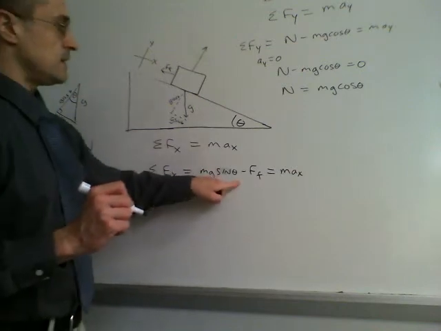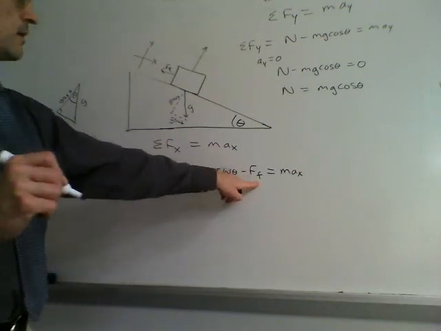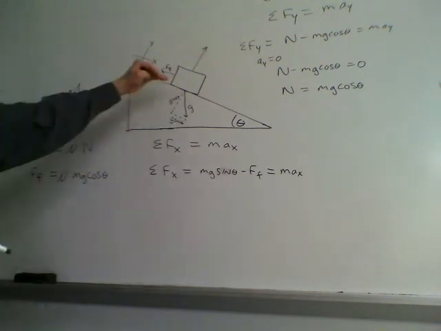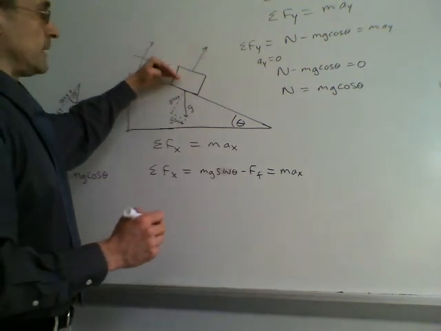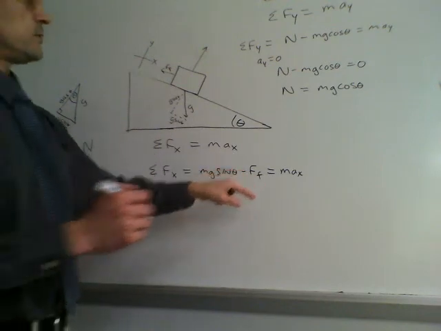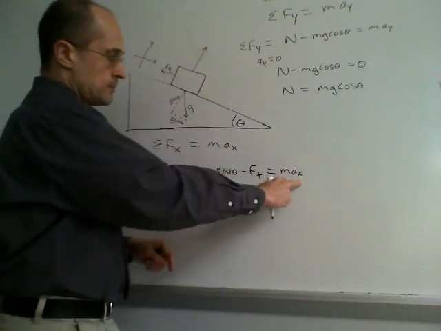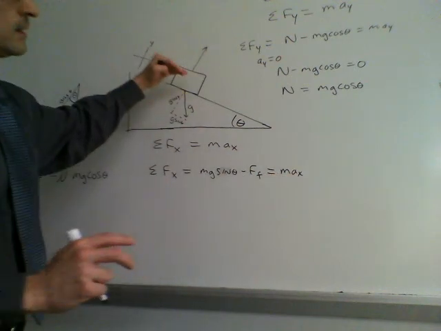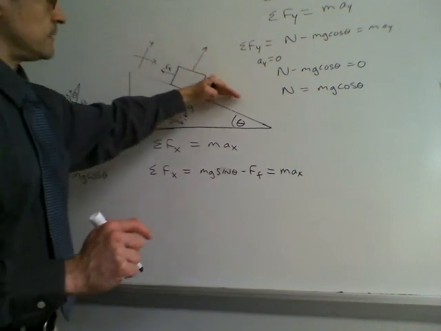So if mg sine theta isn't larger than this value for the frictional force, our block will just sit stationary on the plane. But as soon as mg sine theta is larger than the frictional force, we'll have some net force, and that will cause our block to accelerate down the plane.